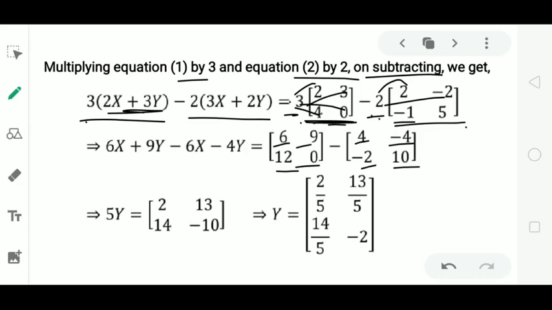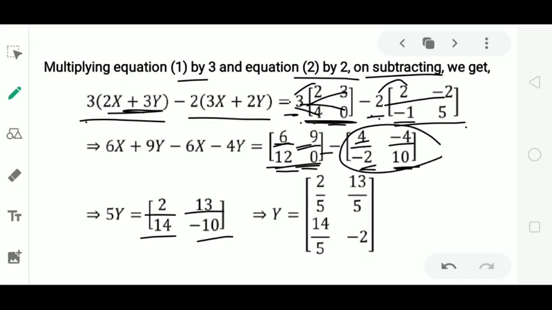Now subtraction of the second matrix from the first one is nothing but taking each element of the first matrix minus the corresponding element of the second matrix. 6 minus 4 is 2. 9 minus of minus 4, 9 plus 4 is 13. 12 minus of minus 2 is 14. 0 minus 10 is minus 10.